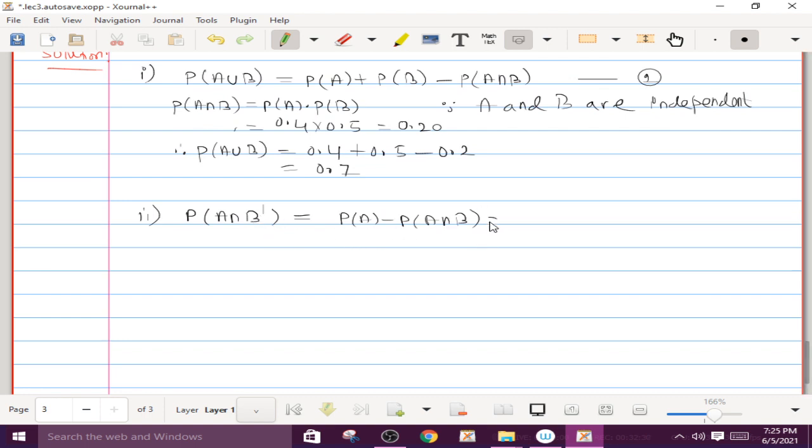So what is probability of A here? 0.4 minus A intersection B, 0.20. So the answer is 0.2.